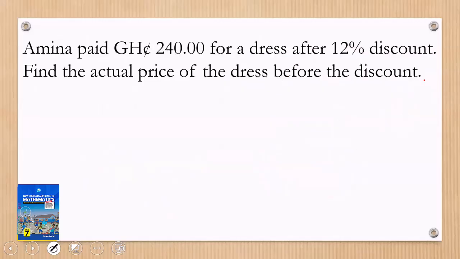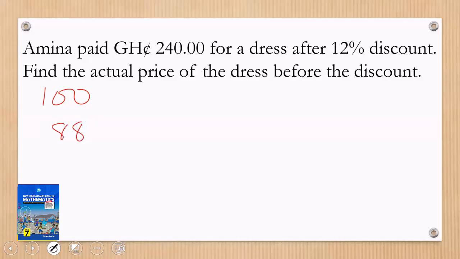Amina paid 240 Ghana cedis for a dress after a 12% discount. Find the actual price of the dress before the discount. Now, we know that the actual price is always marked as 100%. So if you give me a discount, it means I'm going to pay 88%.